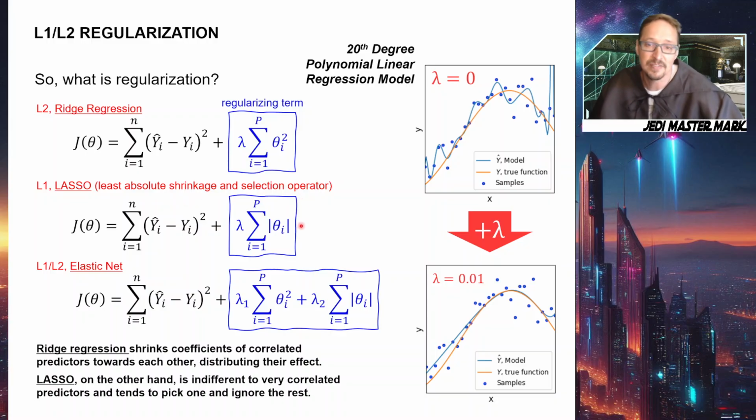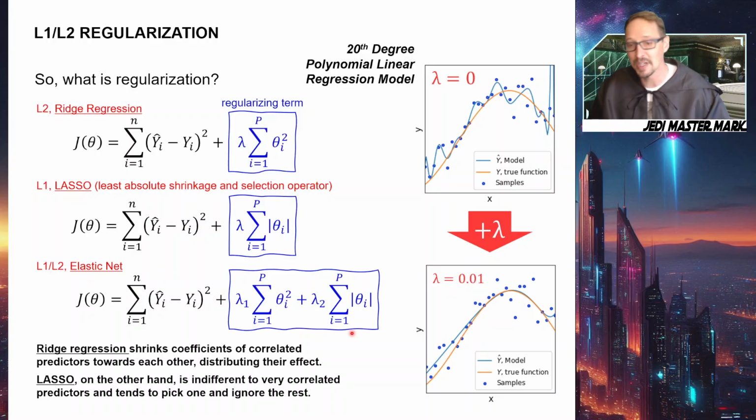And the big difference is that instead of taking theta 1 through theta 20 and squaring them and summing them, you're going to take the absolute value of each of them, and then sum it and multiply by a lambda parameter. And there's also elastic net. If you can't decide on L1 or L2, maybe you include both terms.